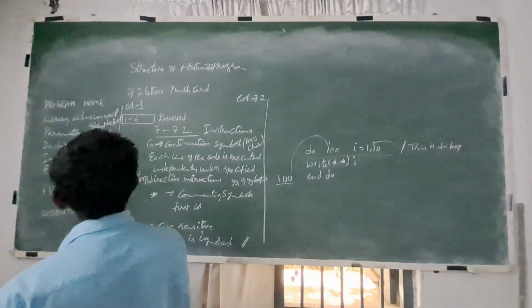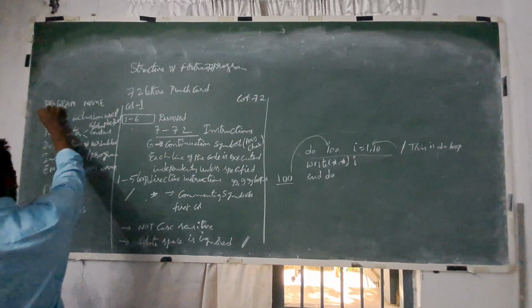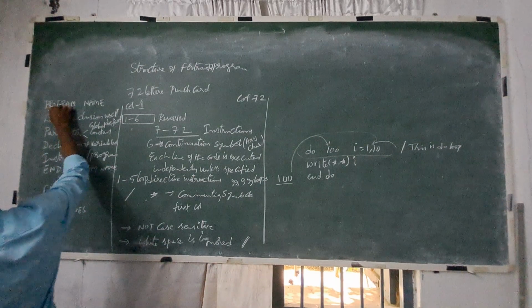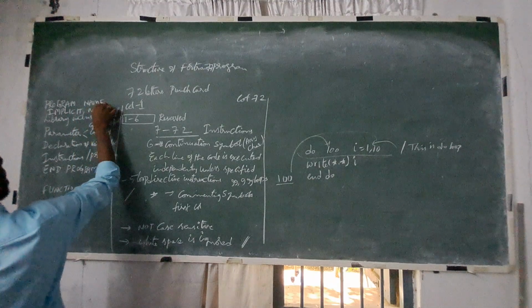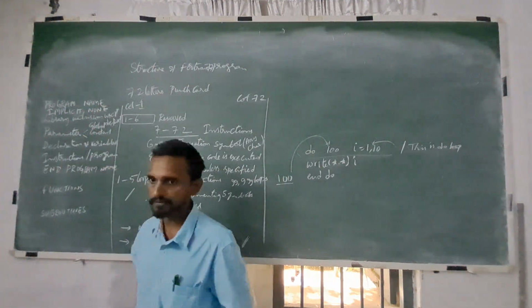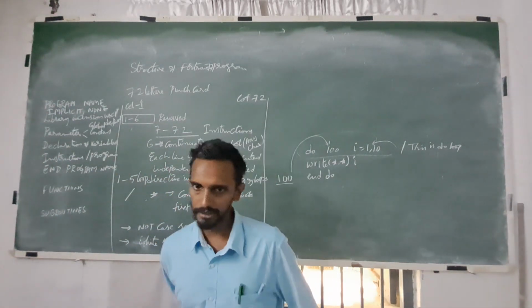Here one more important instruction is implicit none. It will come as the second line in the program.